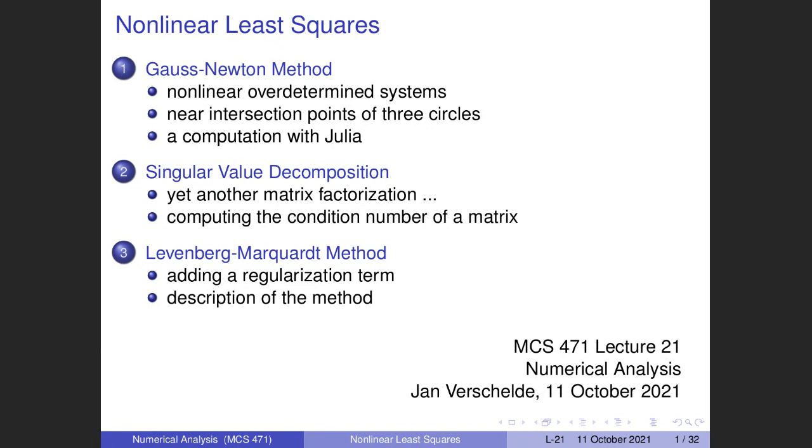The other application of the singular value decomposition is in the computation of the condition number of a matrix. So we have defined the condition number of a linear system, but we have not really addressed how the condition number should be computed.